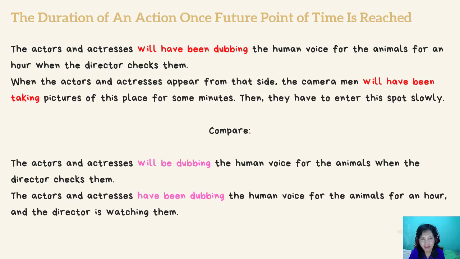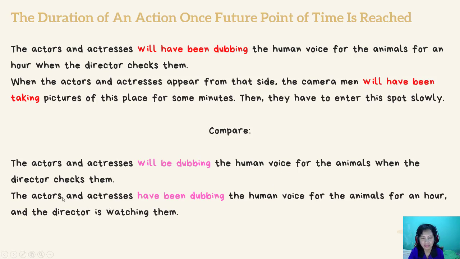When we have present future perfect continuous, the duration is for an hour here, but in will be dubbing, the present future continuous, there is no duration here. The same as this actually.